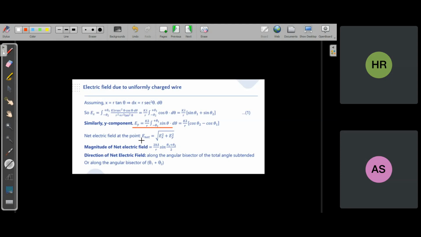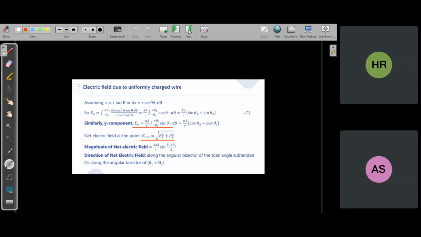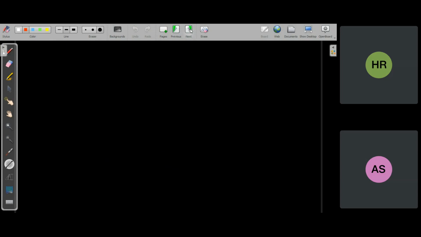And then net electric field will be vector addition of these two, right? Mathematics. You need to do it. In this, if you have any doubt, you can ask. Sir, no doubt. So these derivations you will have to do after the class. Then you will get the complete idea.